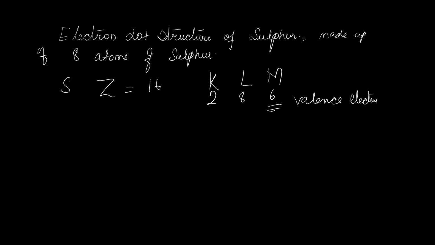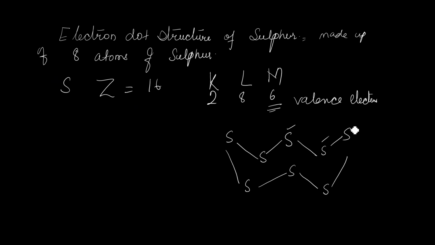You know the structure of sulfur is crown shaped structure of sulfur, like this we have. This is the structure of the sulfur. Sulfur, sulfur, sulfur, and sulfur. So count 1, 2, 3, 4, 5, 6, 7, 8.